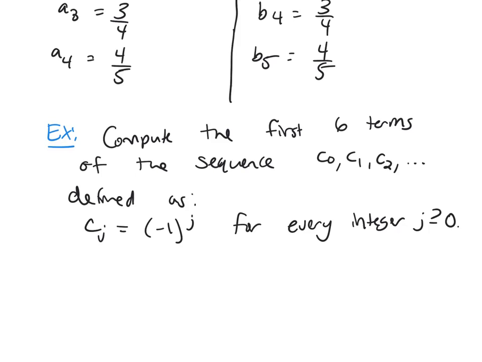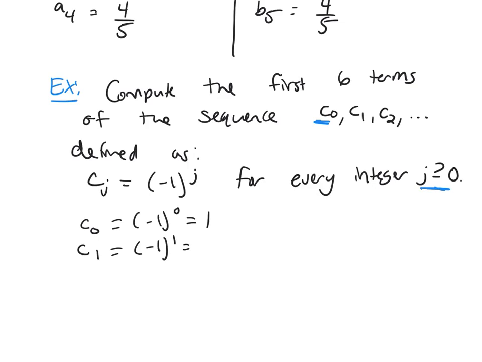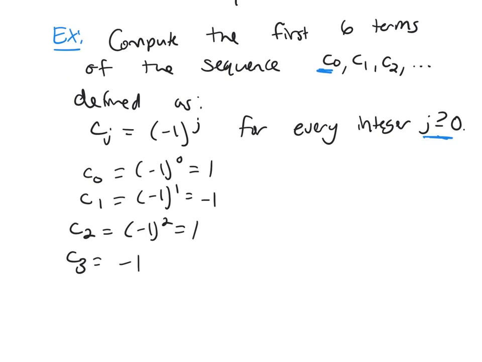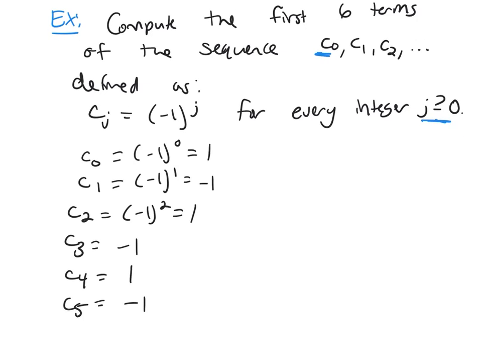Our sequence here starts at 0. It's my starting number. So I'm going to plug in 0 for j. You get 1. Plug in 1 for j to get c_1, -1. c_2 would be +1. c_3 would be -1. c_4 would be +1. c_5 would be -1. So those are the first 6 terms in my sequence. You could write them in a list: 1, -1, 1, -1, 1, -1.